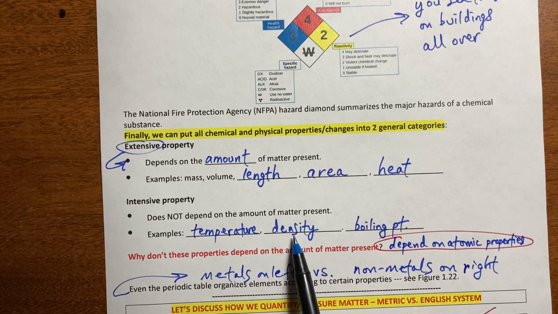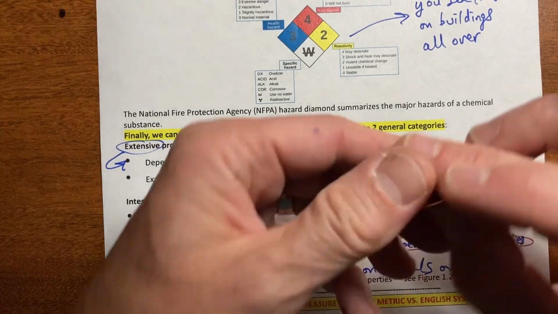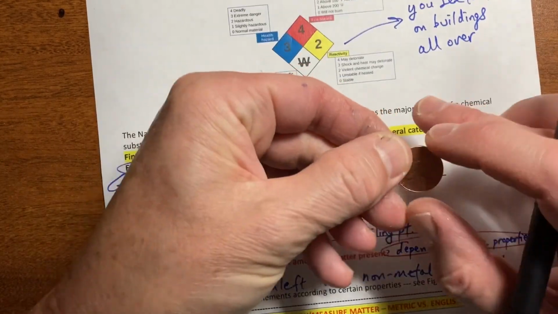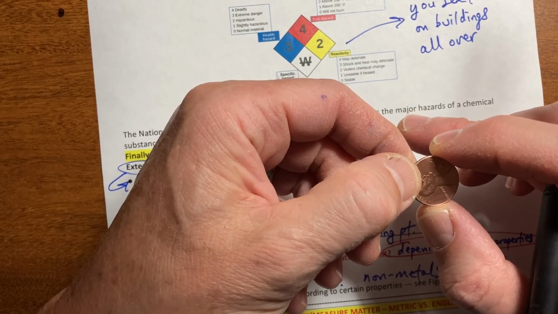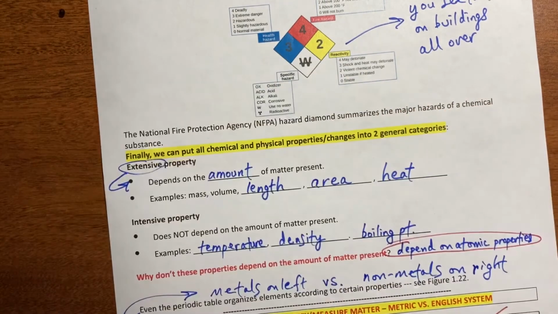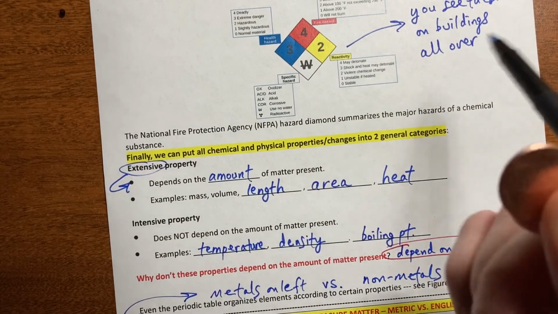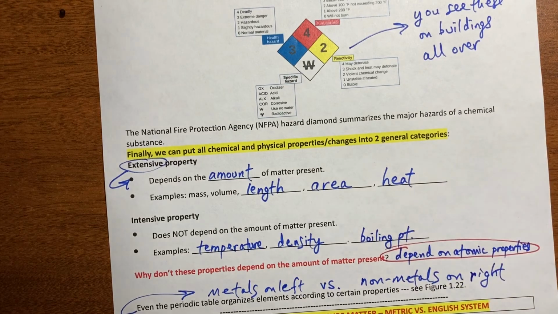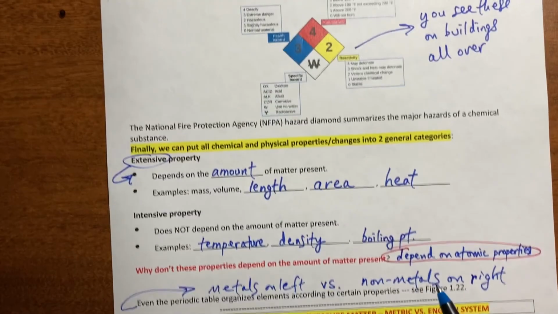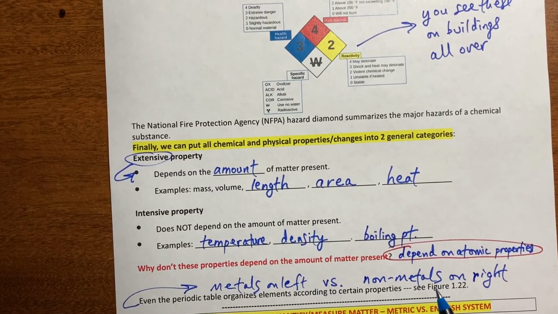The density of this penny, if I measured it, would be the same as the density of a piece of copper that weighed 1,000 pounds. The density is an inherent property of the element. It doesn't matter how much of the compound or the element you have. That's the difference between an intensive and an extensive property.